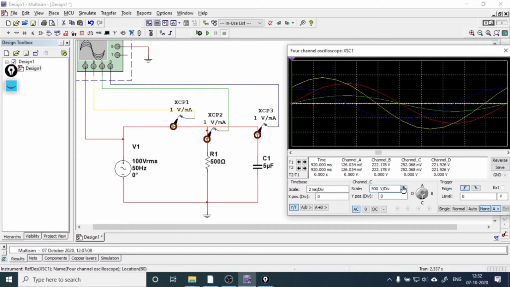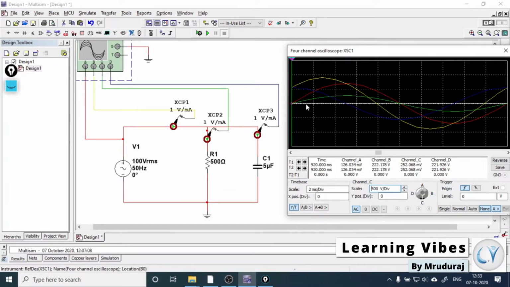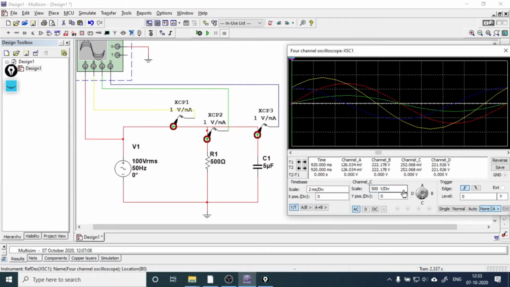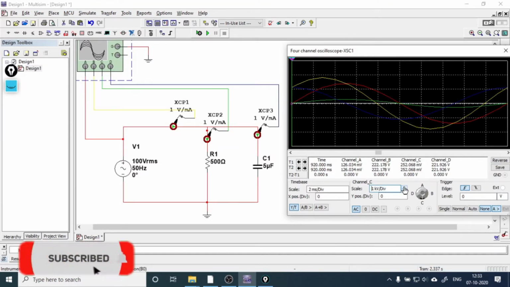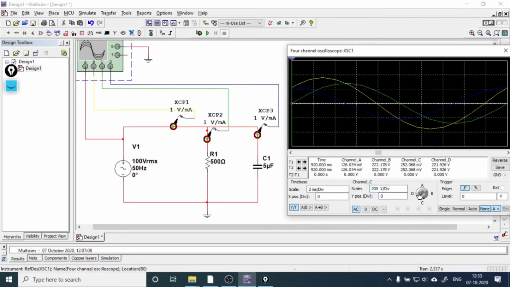Let me show you. See, once I change the scale of C channel, again it appears. So to understand it, we are just maintaining the scale of all these three channels at 200 volt per division, the same. And now let's begin our understanding.